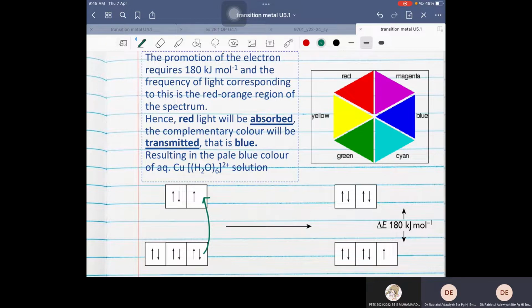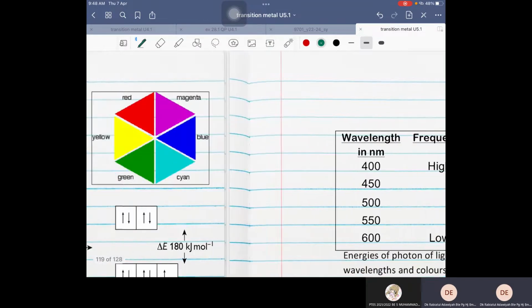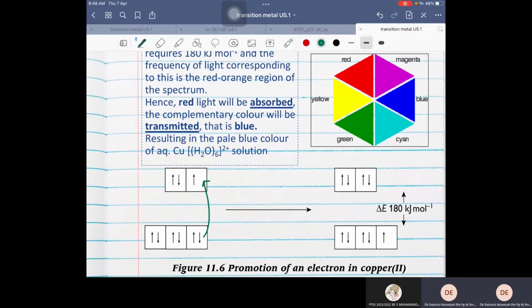If we work it out, all right, we should get a frequency that represents the red light. Okay, frequency of red light is, I don't have the number, okay, but it should match the frequency of a red light. However, the color that is being transmitted by the complex ion is the complementary.